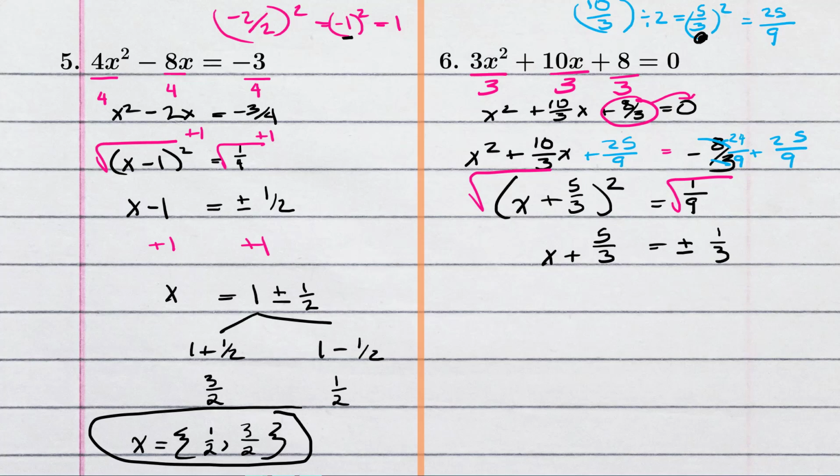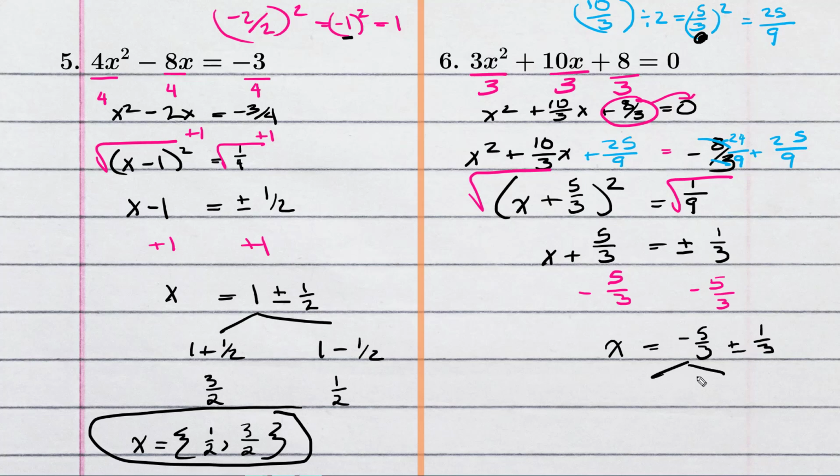Now I'm going to move the 5/3 over to the other side. And so x is equal to negative 5/3 plus or minus 1/3.